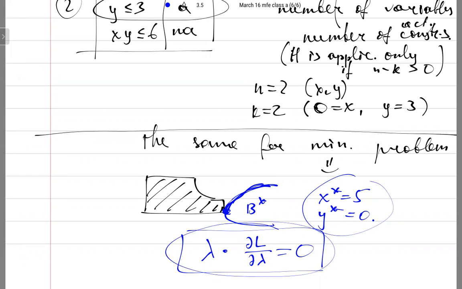That means either lambda is 0, or the inequality is active, or both. But it cannot be simultaneously that lambda is positive and the inequality is non-active.